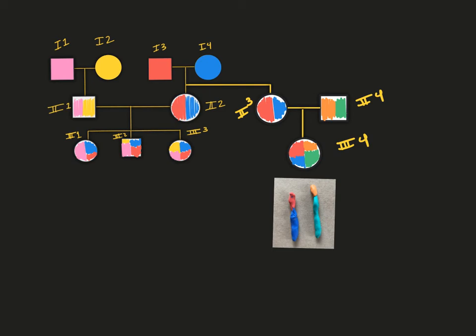And now I can tell that this individual Roman numeral 3, 4, is a cousin to this set of siblings over here. And I can tell that because I can see it in the pedigree in front of me, but also as a genomicist, I can tell. Because one thing I see is that they have an entire parent's worth of chromosomal content that is unique.